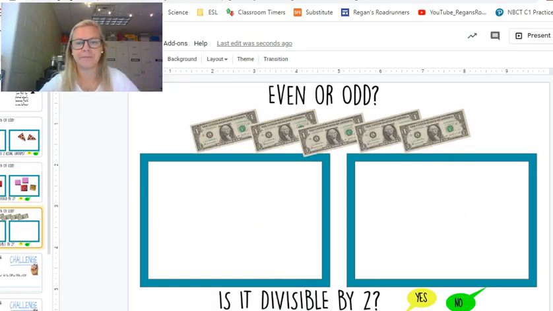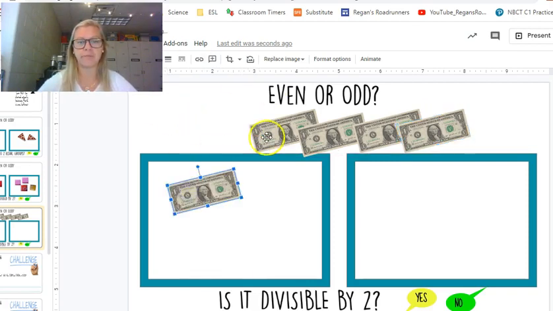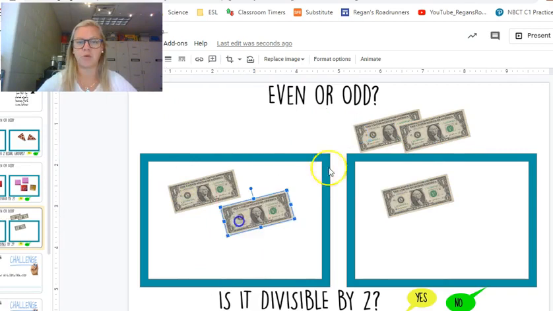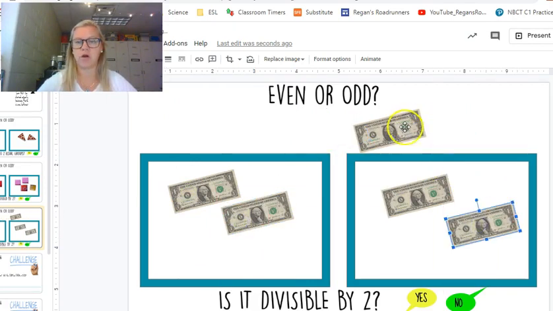All right, our next example, money. How many dollar bills do I have? 1, 2, 3, 4, 5. So I want to see if I can split 5 dollar bills into two equal groups. One over here, one over there, one over here, one over there.